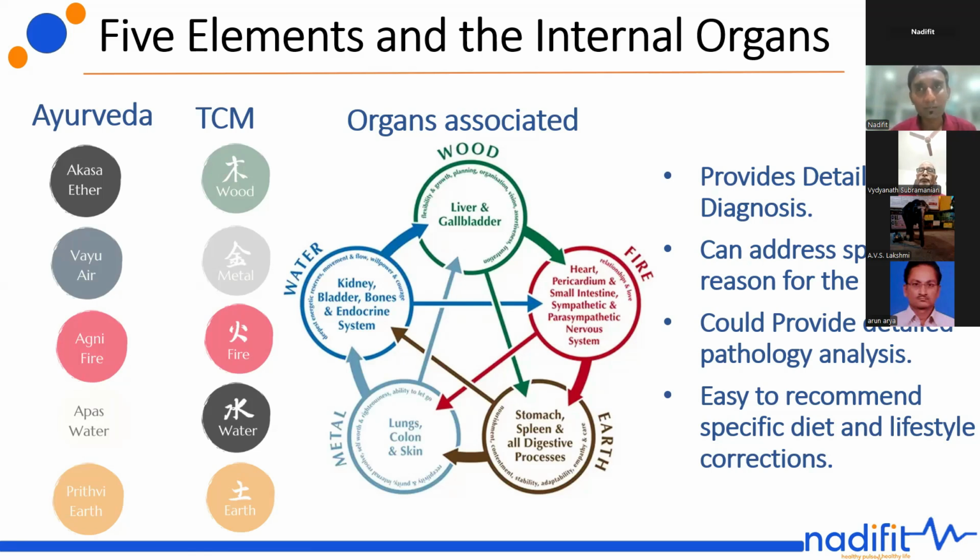The wood element, which we call wind in TCM, or Akasha Tattva; fire, Agni; earth element, Prithvi; lungs, metal element; and water, Jala Tattva. And in TCM they explain it beautifully, like the generation cycle and control cycle.